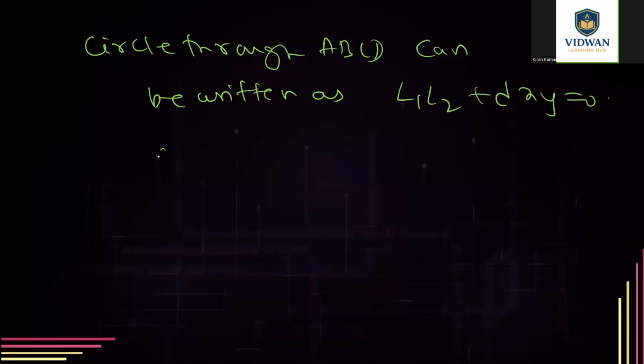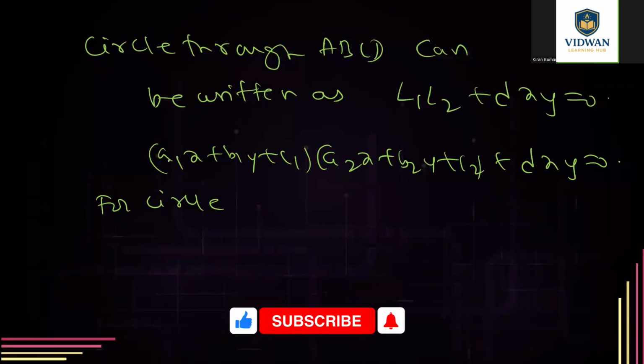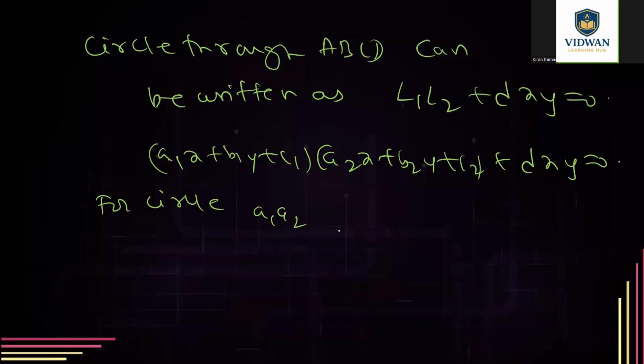So L1, L2 means A1x plus B1y plus C1 into A2x plus B2y plus C2 plus lambda, which is some unknown you have to find out, into XY equal to 0. How do you find lambda? So for circle, what are the criteria? Coefficient of x square. What is the coefficient of x square? Here A1 into A2 equal to coefficient of y square.